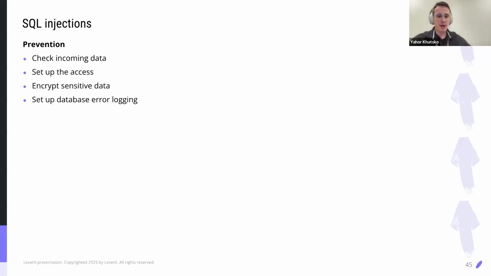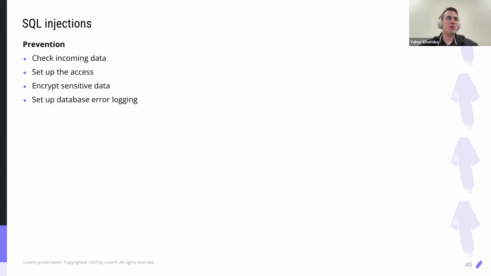That's how ORM systems handle it. But you can also write your own checks to make sure that what was provided in the parameters is not a part of an SQL query.